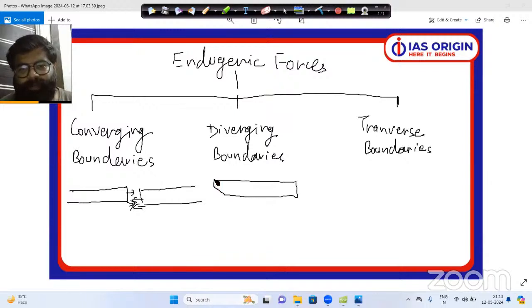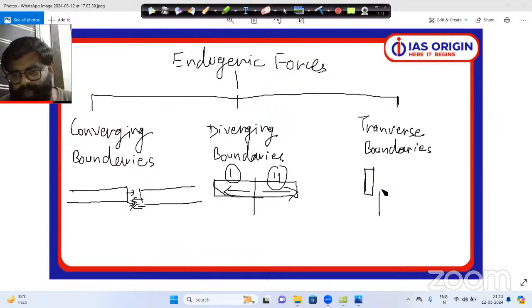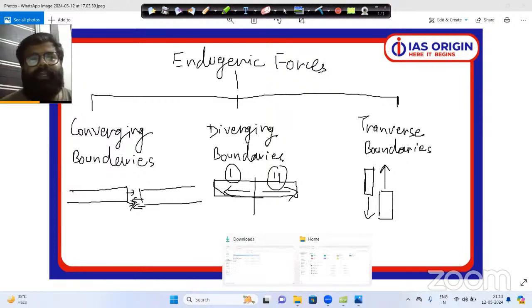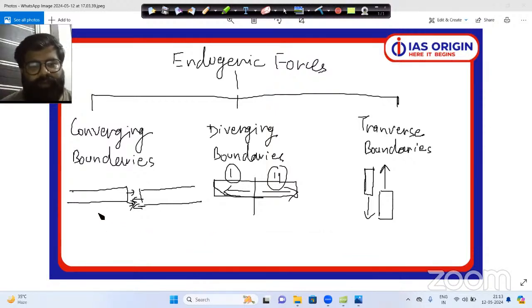Or suppose in diverging boundaries, if this is one plate and it is being broken down from the middle and these plates are moving away from each other, this is what we call diverging boundaries. And in the transverse boundaries, please imagine that two plates are moving parallel to each other, but they are not in contact completely. This is what we call endogenic forces. Now, if you are talking about the converging boundaries here, converging boundaries could actually be of three different types.